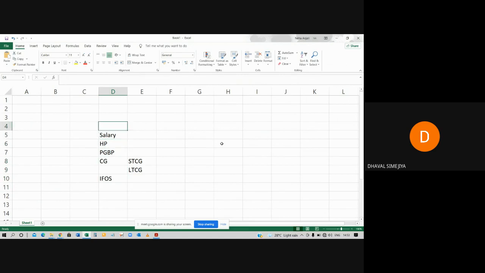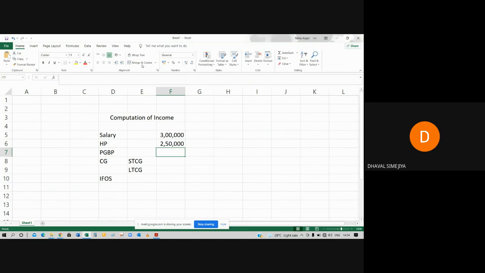Okay. Chalo, computation of income. For example, salary income 3 lakh rupees. House property income 2 lakh 50,000 rupees. Let's, for example, this is computed, okay?